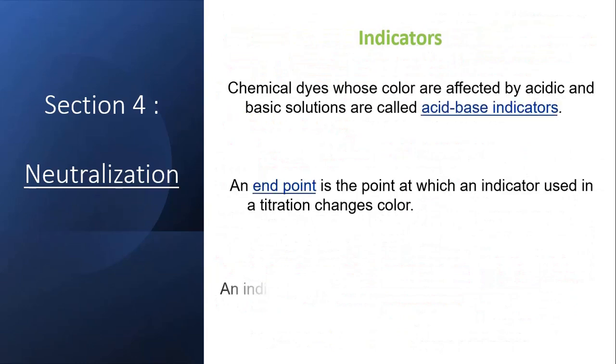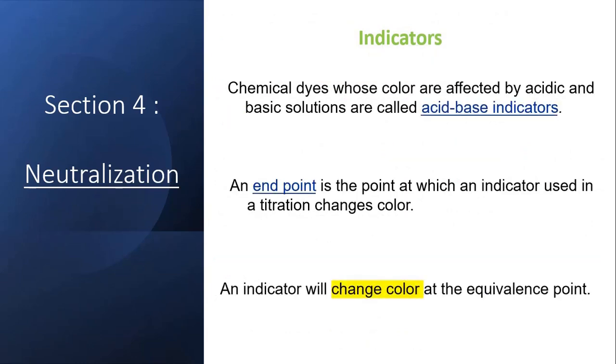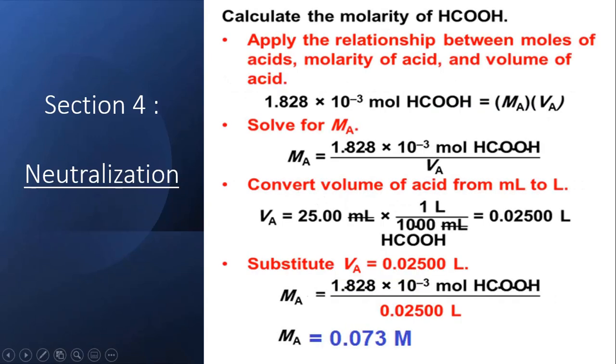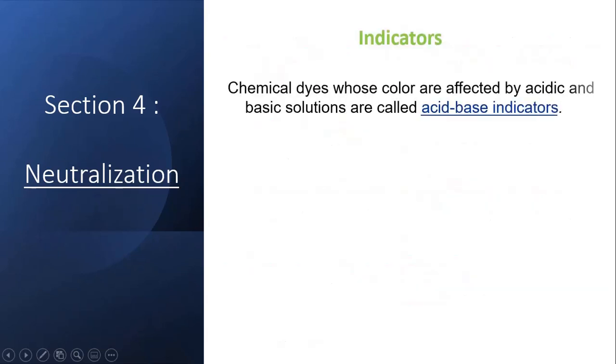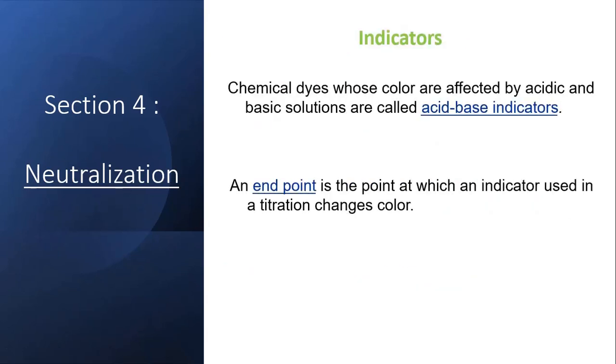We have a question to calculate the endpoint, and we have also some practical questions to calculate the molarity, or the concentration, of one of these acids or bases that are used in neutralization.